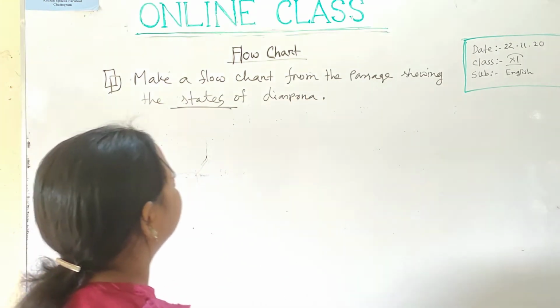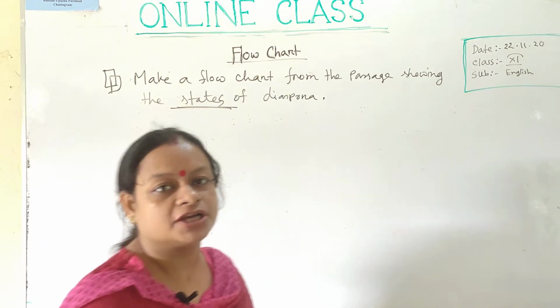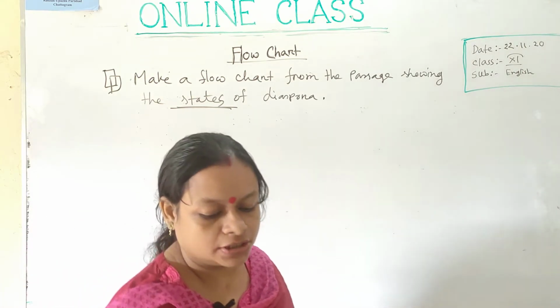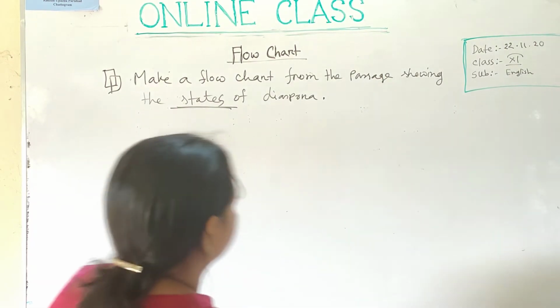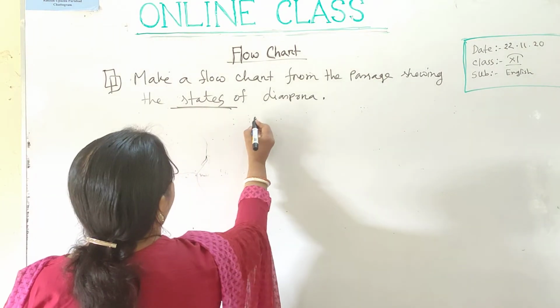This is the key point. Make a flow chart from the passage showing the states of diaspora. Here states means the condition of diaspora. Number 1 will be given for you.